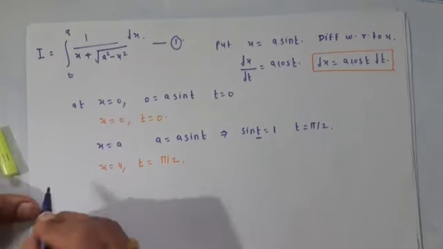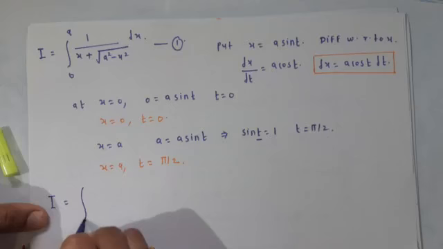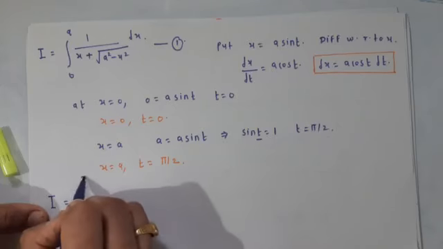Now the integral I equals the integral from 0 to pi by 2.